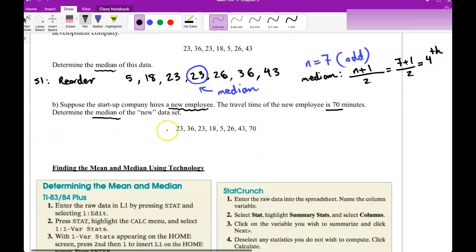Again, step 1, reorder all these because we want to find the median, and that is our first step. We have the same thing, 5, 18, 23, 23, 26, 36, 43, and 70.